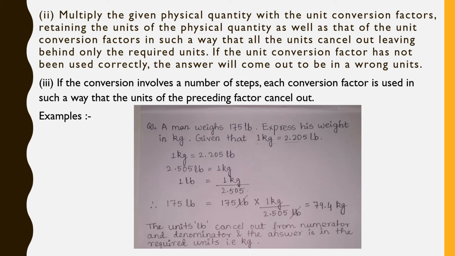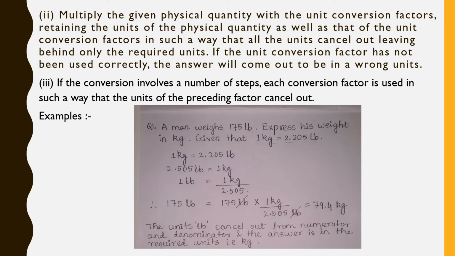So for understanding these rules in more detail, let us do some examples. Question number 1: a man weighs 175 lb. Express his weight in kilograms. Given that 1 kilogram is equal to 2.205 lb. For converting it, we know that 1 kilogram is equal to 2.205 lb.